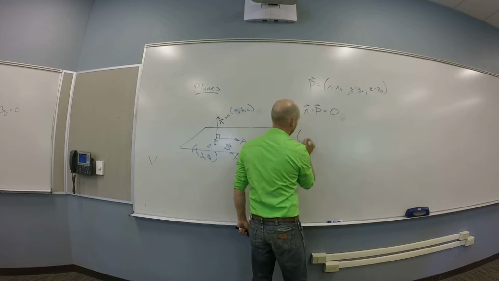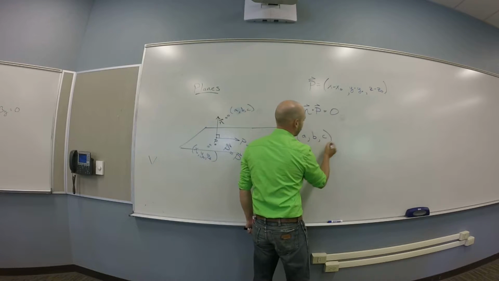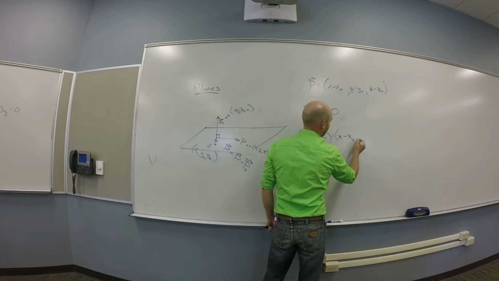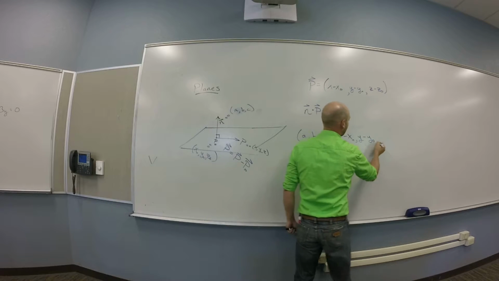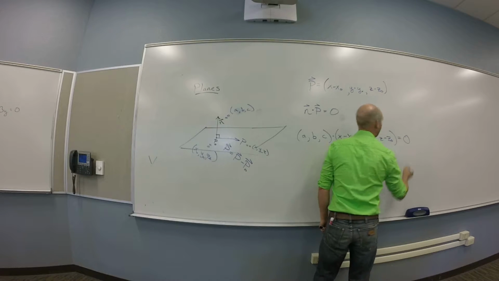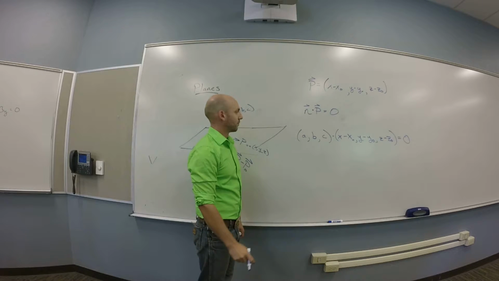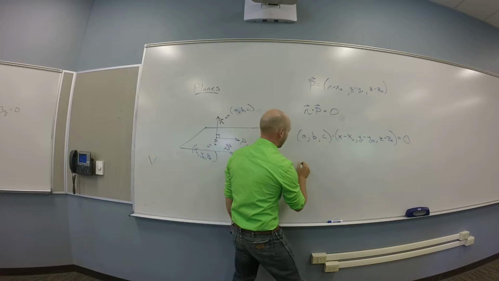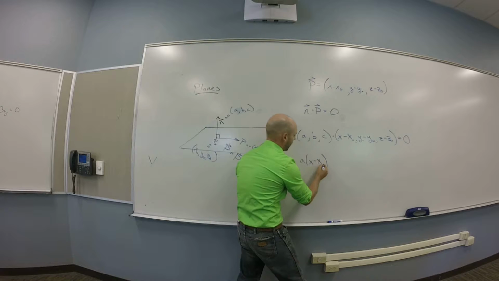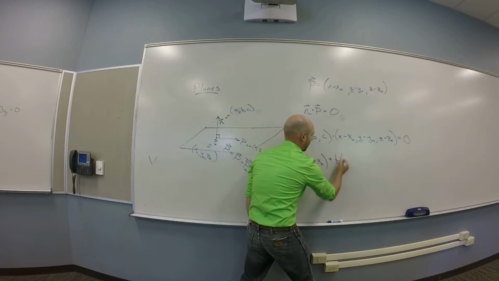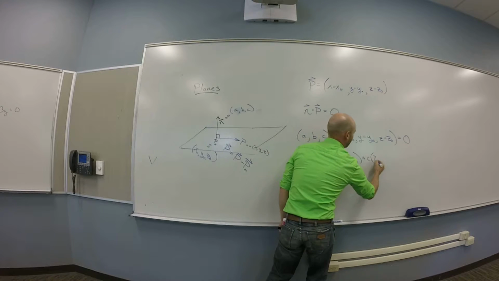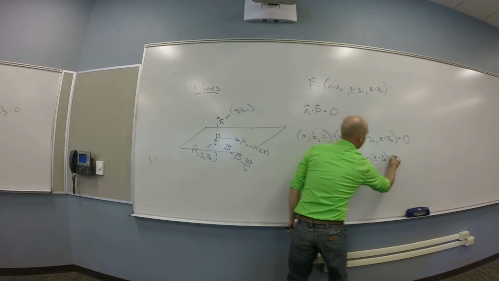That would be the vector A, B, C dotted with X minus X naught, comma, Y minus Y naught, comma, Z minus Z naught, is 0. And if you fill this out a little bit, you get A times X minus X naught plus B times Y minus Y naught plus C times Z minus Z naught equals 0.